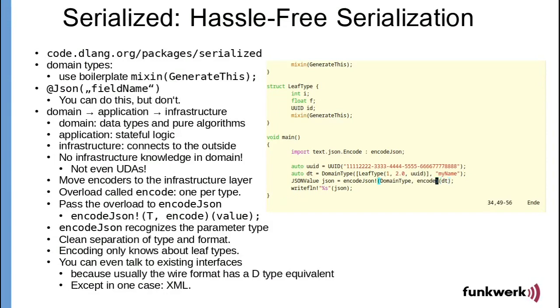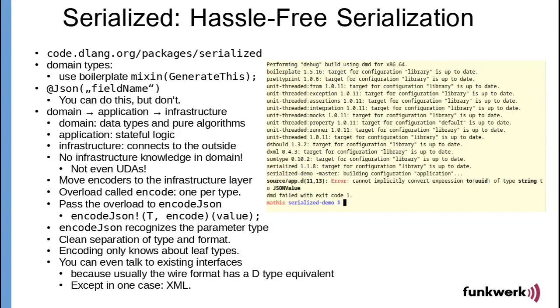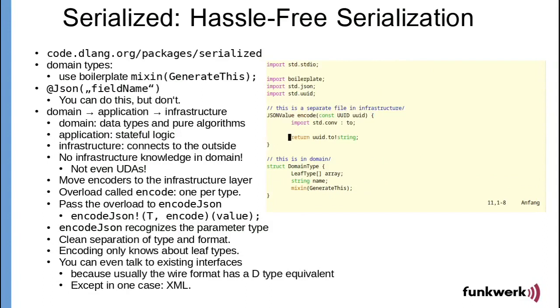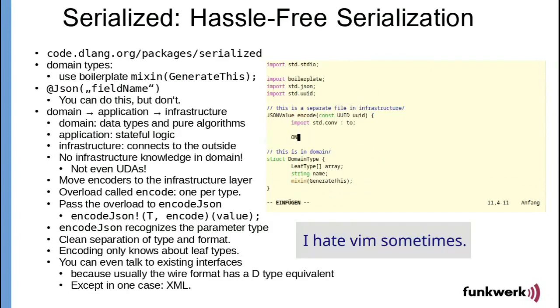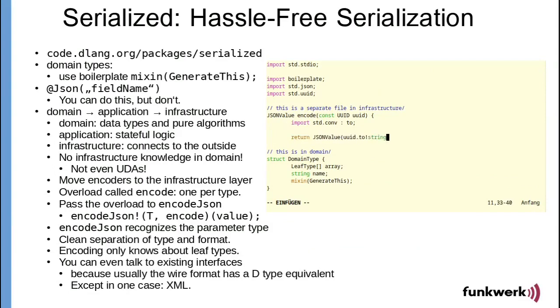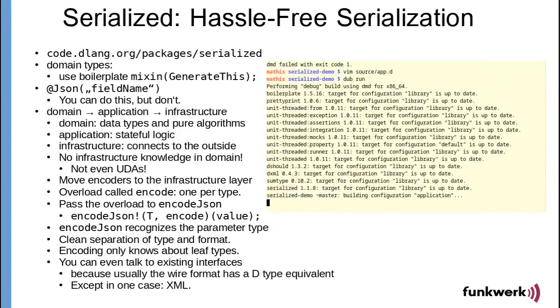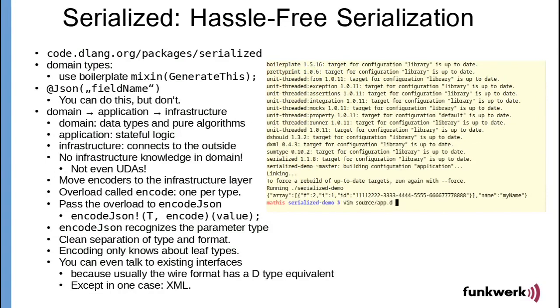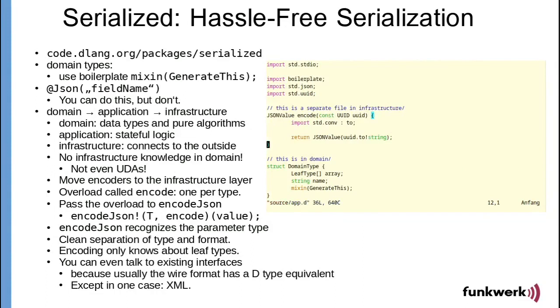And so when we run this, we will see that what happens is that our UUID is serialized to a string, and this is packed into a JSON value, and we just need to worry about this one type at the leaf of our type tree, and we don't need to worry about anything else because the templates Serialized will handle all the other types on its own recursively.